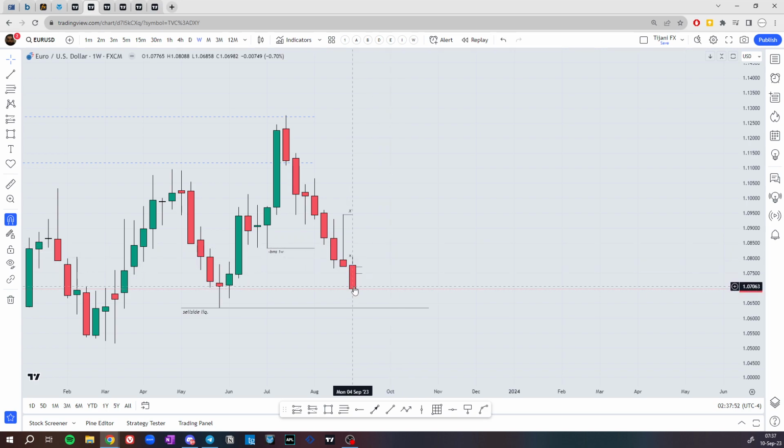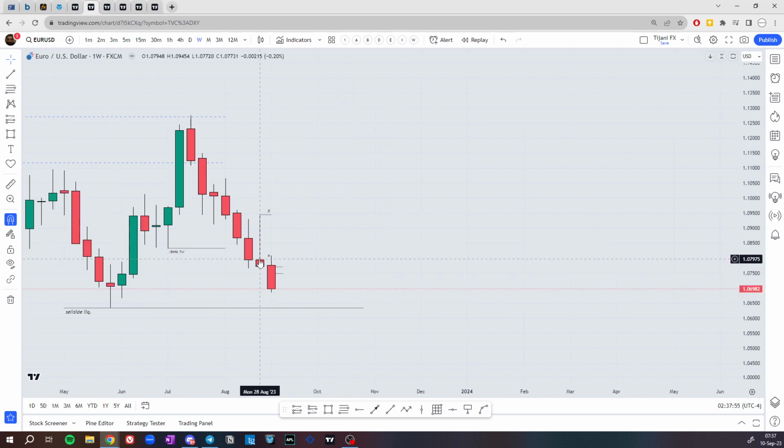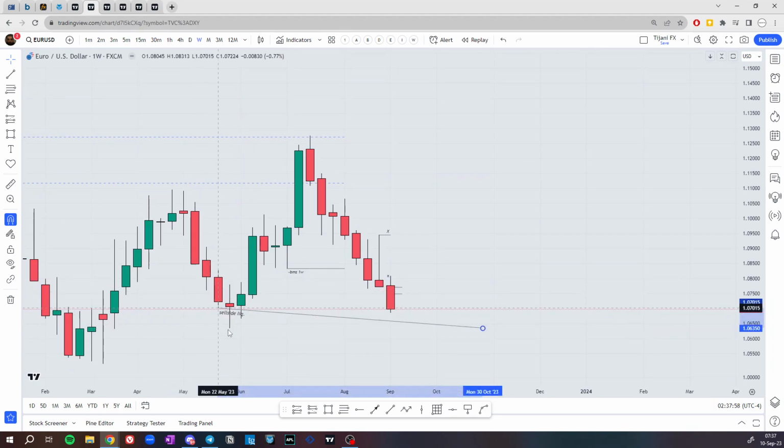And as you see, we have a little retracement to the previous weekly open, then price has dropped lower, targeting first this weekly rejection block.